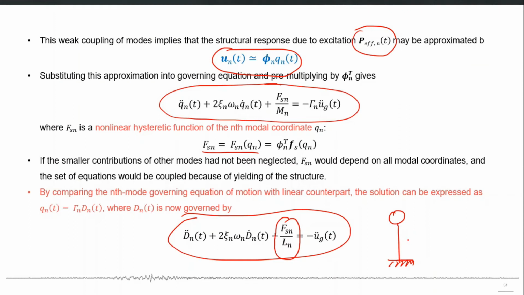Now it is represented by a force deformation behavior which is nonlinear, F versus D, right? And now you can apply an earthquake to this system and calculate the response to that earthquake. That response will be representing the response of that particular nth mode of the multiple degree of freedom system.